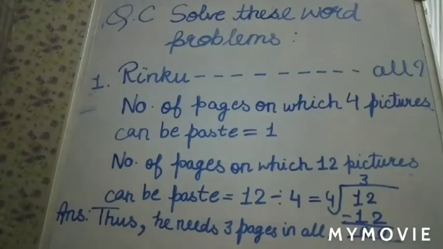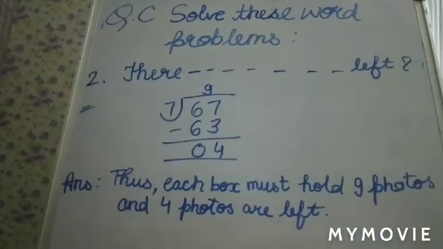So you can see on the board that the number of pages on which 4 pictures can be pasted is 1. Then for the number of pages on which 12 pictures can be pasted, you have to divide 12 by 4. When you divide 12 by 4, you will get quotient 3 and remainder 0. So 3 is the answer. Thus he needs 3 pages in all.